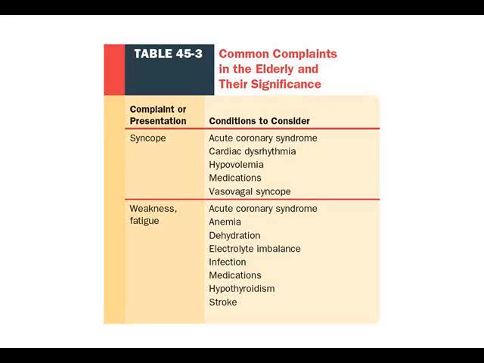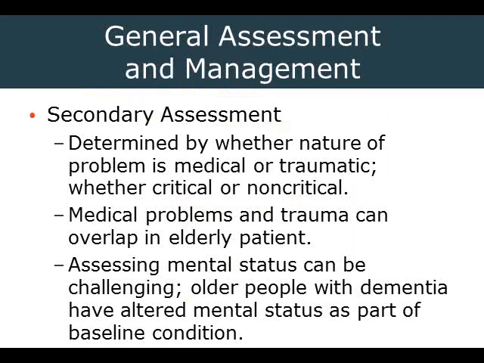Weakness and fatigue. That can be just about anything. Acute coronary syndrome, anemia, dehydration, electrolyte imbalance, infection, medications, hypothyroidism, stroke. So then as we progress on to the secondary assessment, determine whether the nature of the problem is medical or traumatic, and whether they're critical or non-critical.